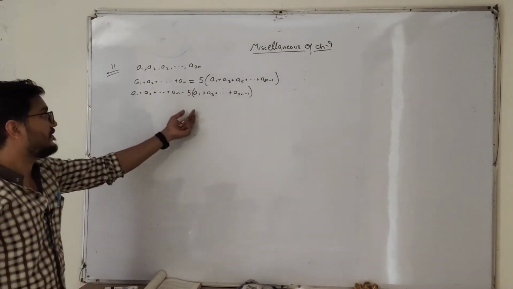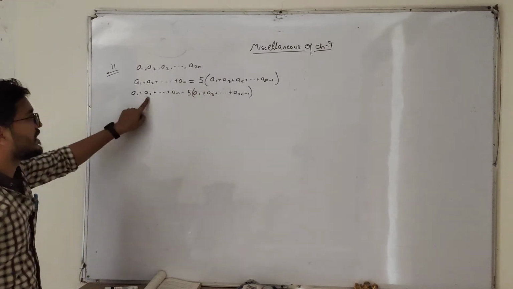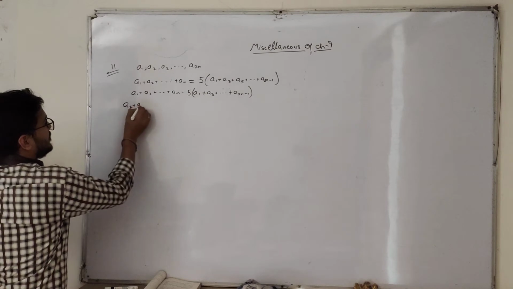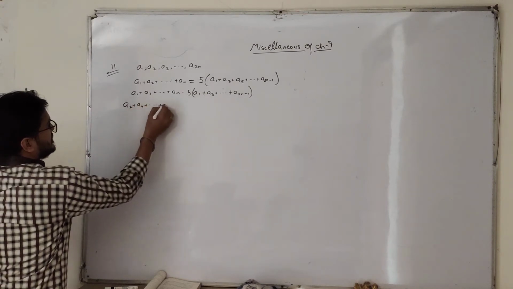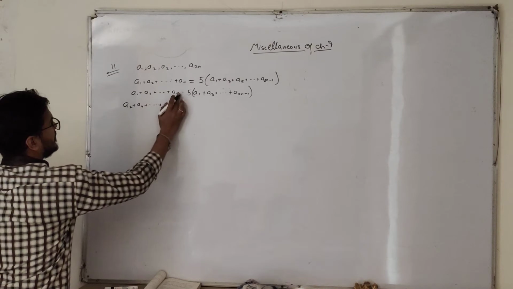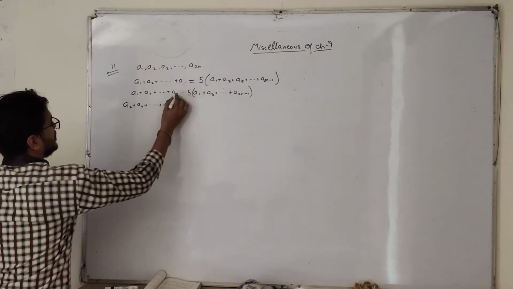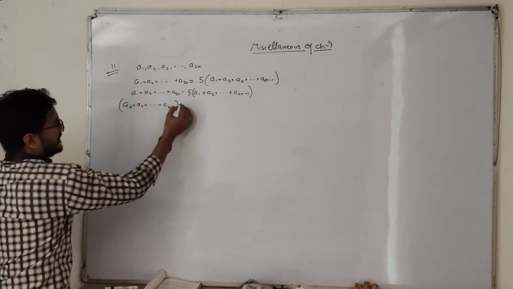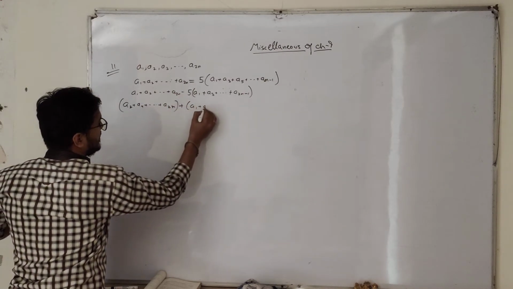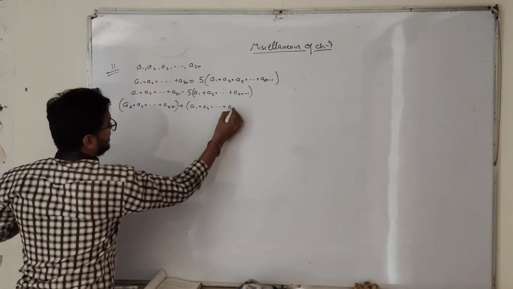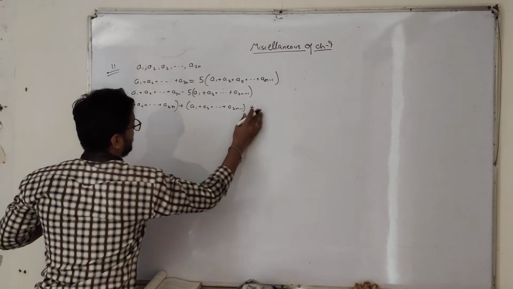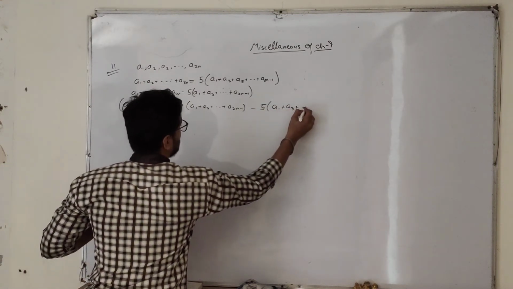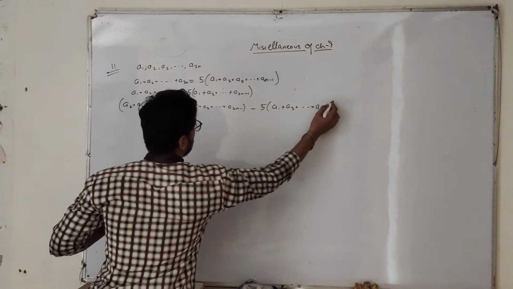So 5 times of odd terms subtracted from 1 time of odd terms, this can be separated as (A2 plus A4 plus up to A2n), we have separated the even terms, plus (A1 plus A3 plus A2n minus 1) minus 5 times (A1 plus A3 plus A2n minus 1).